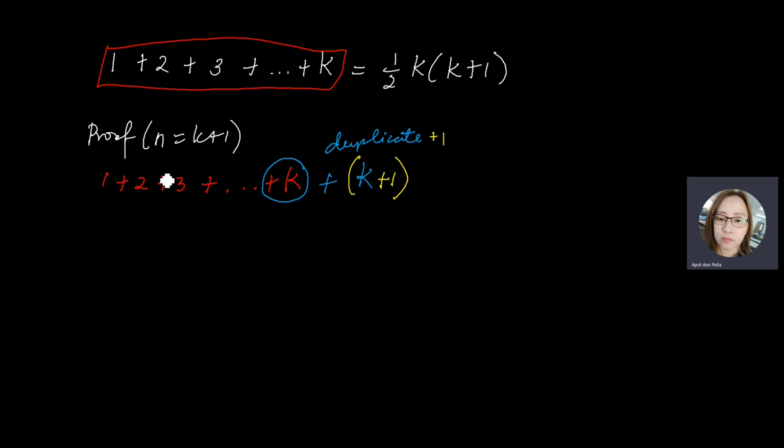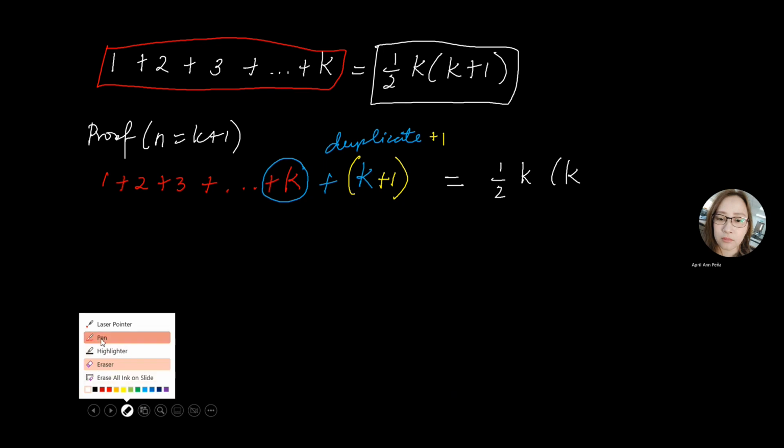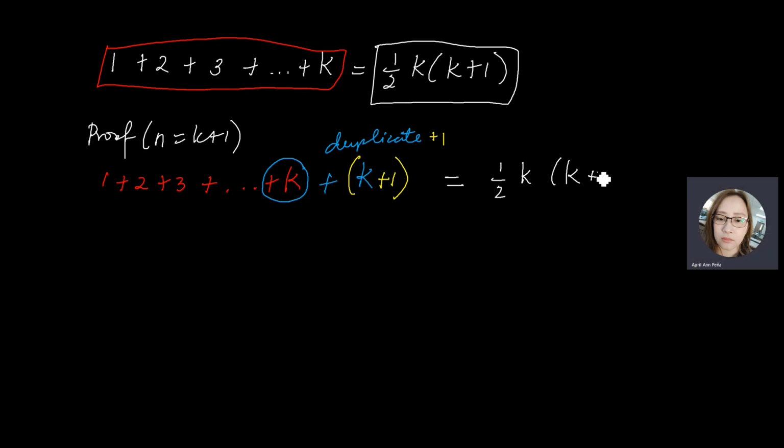Since we already have here the duplicating plus 1, the next thing you are going to do on the right side is simply copy this. So copy. That is 1/2. Also put space. So that is k plus 1, like that.